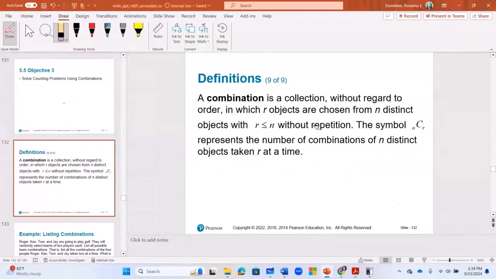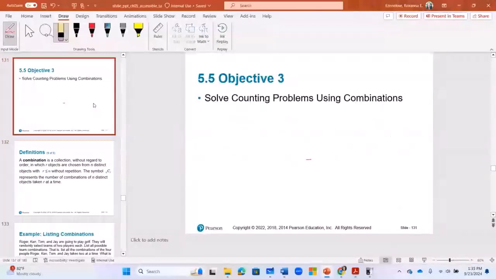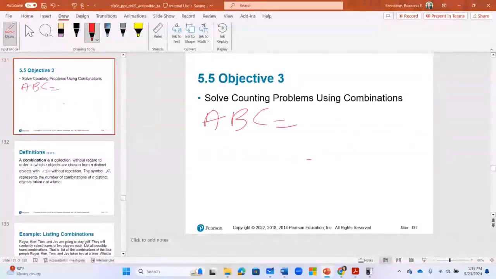Let's do something simple. In how many ways can you arrange A, B, C if order is not important? If order is not important, then ABC is equal to ABC.